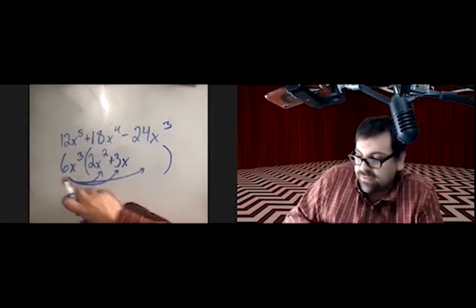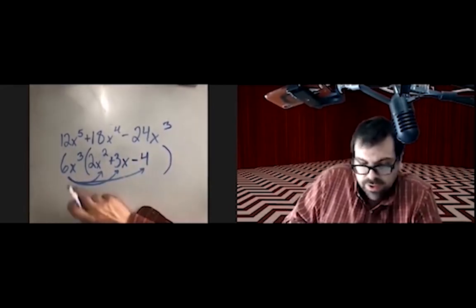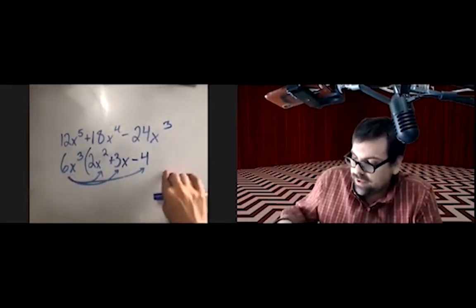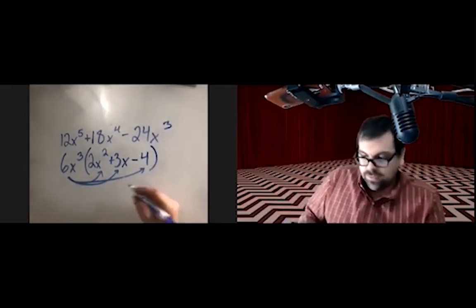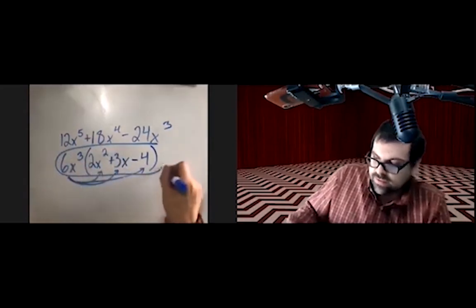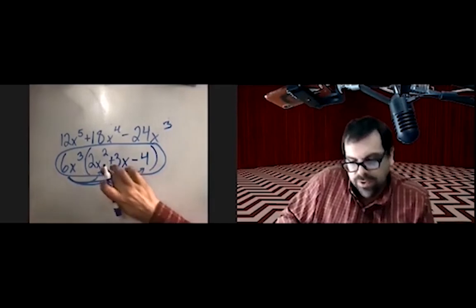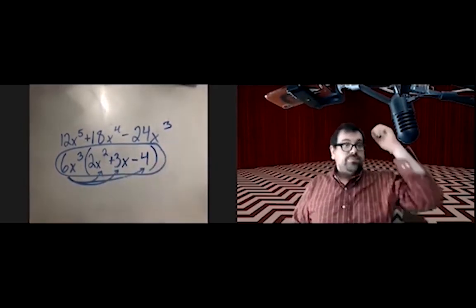Well, positive 6 times negative 4 gives us the 24, and we already have all of our x cubed. So let me bring that parenthesis in a little bit. And that is what we get when we factor out the greatest common factor. 6x cubed times the trinomial, 2x squared plus 3x minus 4.